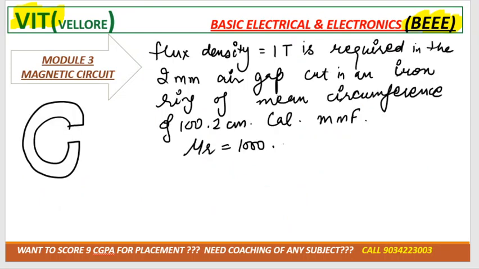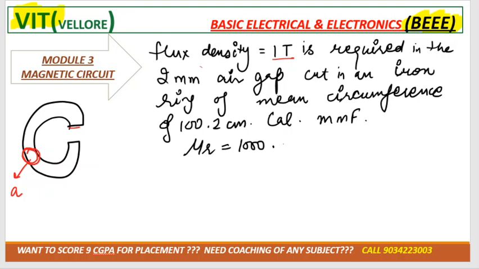Now see, in your VIT, this type of numerical will come, like they have given a ring shape. Okay, this is completely a ring shape, and they said in the ring they cut this one part. Okay, they cut this part. So in this, the cross sectional area is A, right? And in this question they have given flux density. As you know, flux density is denoted by which term?